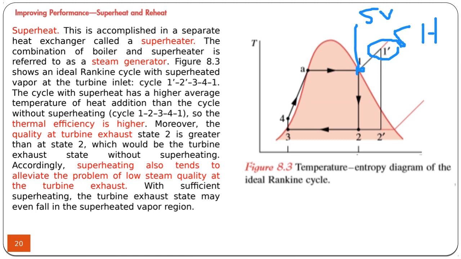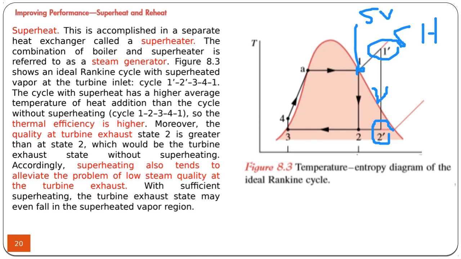And what kind of benefits can be obtained from this? As you can see, in the superheated case, the work is greater than the saturated case. Also, another advantage is that in the superheated case, the turbine is operated with drier steam.